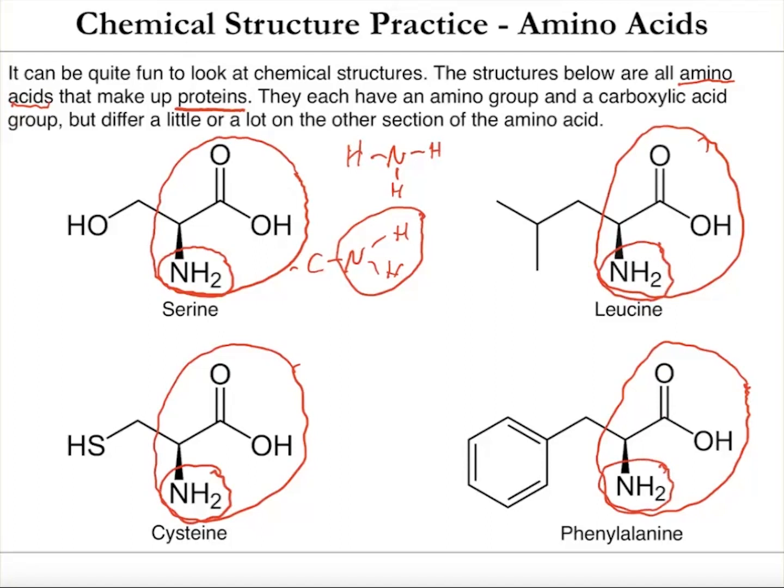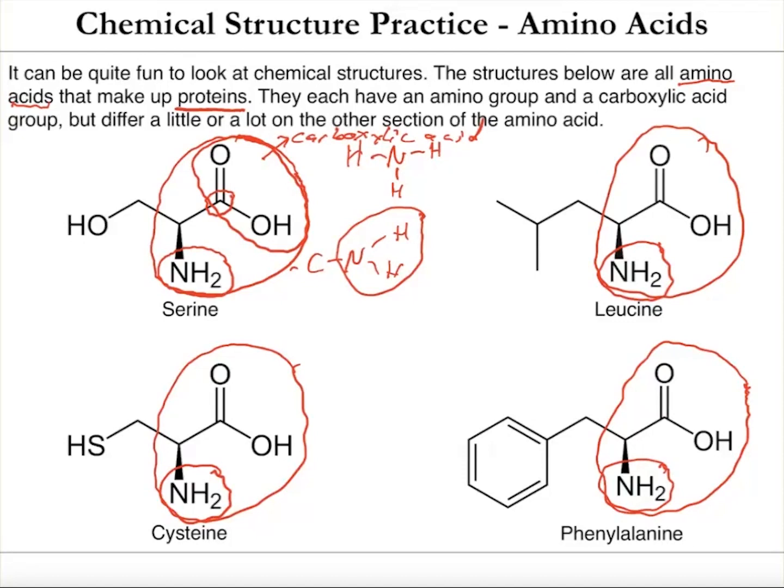The other part, the acid part, comes from this part right here, which is called a carboxylic acid. Let me write that down. Carboxylic acid. This is a carbon right here. When we're looking at these structures, usually you don't write the C's for carbon.